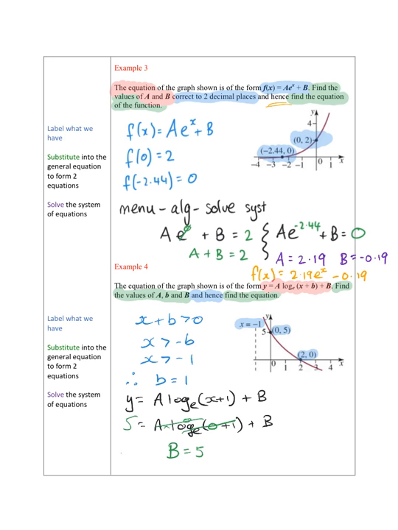The last thing that we can substitute is the fact that when x equals 2, y is equal to 0. So I now know that y is equal to a log e (x plus 1) plus 5.